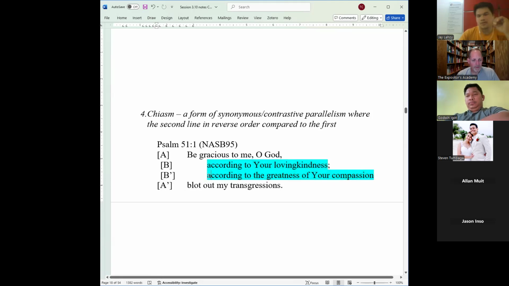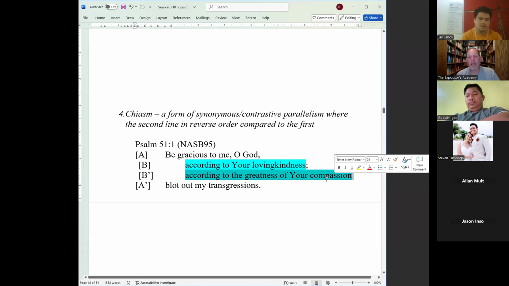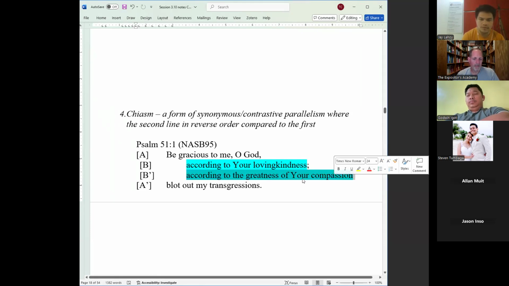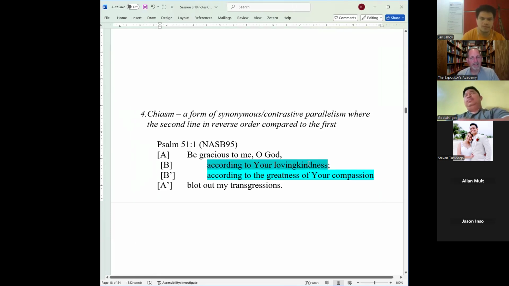But the middle two, notice the second line begins with according to the greatness of your compassion, which matches how the first line ends. And so this is intentionally done by the author to point to what's in the middle, that part that's reversed.